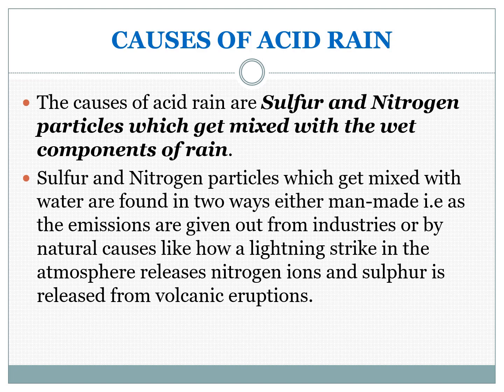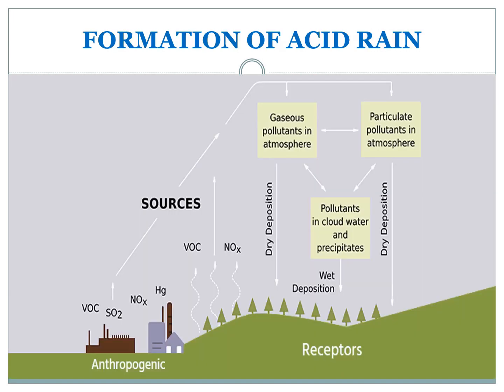The main cause of acid rain is sulfur and nitrogen particles getting mixed with the wet components of the rain. Sulfur and nitrogen particles mix with water in two ways: either man-made, that is emissions coming out from industries, or by natural causes like lightning strikes in the atmosphere, which release nitrogen oxides, and sulfur released from volcanic eruptions.